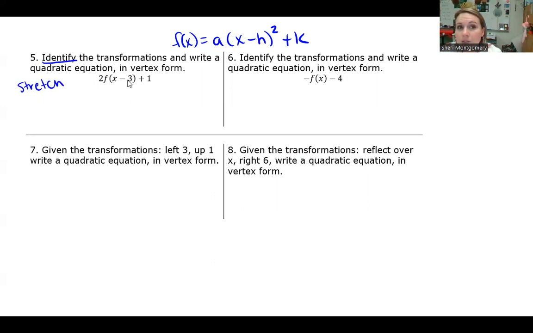So what do you think? -3, where do you think that moves me? To the right, because it's opposite. So we would normally think that negative would move me left, but it's opposite. So it moves me right 3. And then what does the 1 tell me? Up 1.